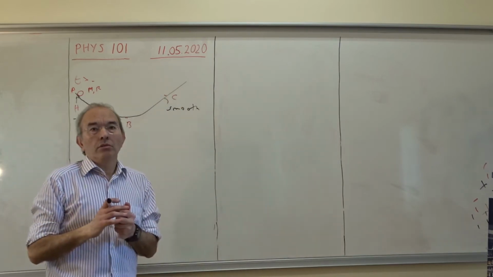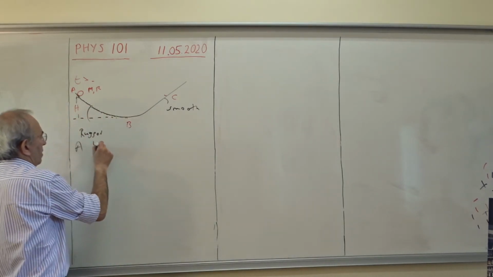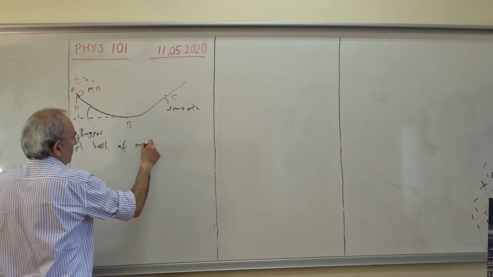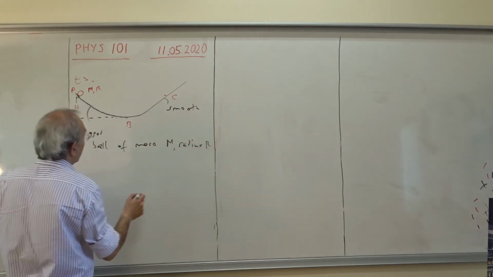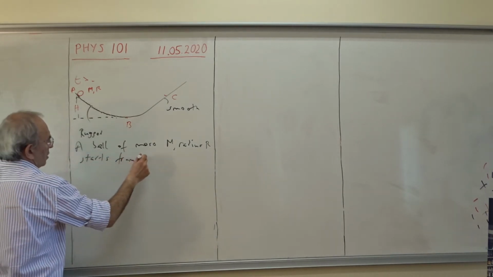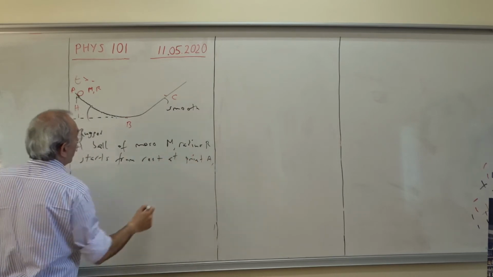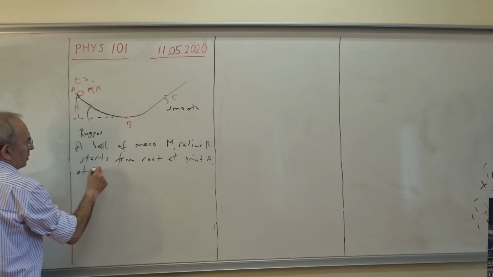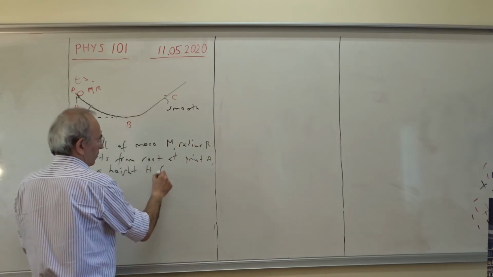A ball, this time it's an empty ball, a ball of mass m, radius r, starts from rest at point A at a height h from the ground.